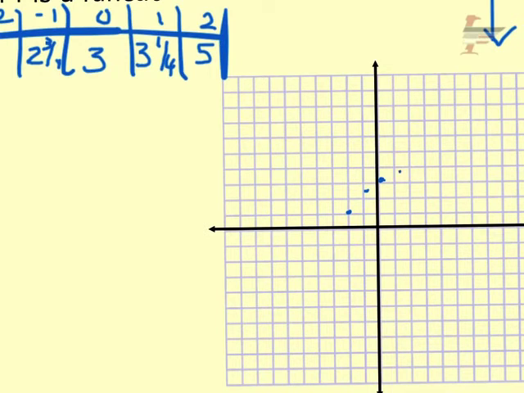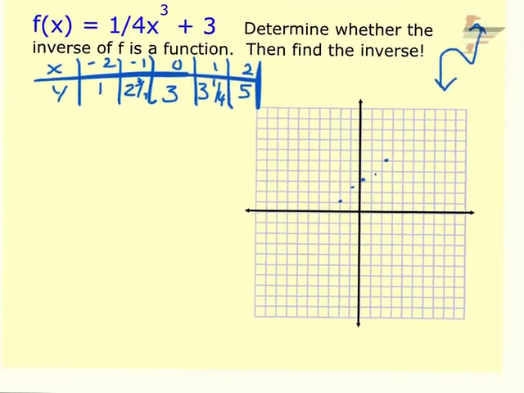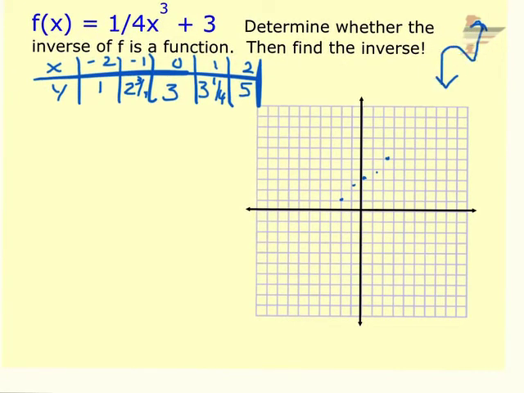And then I have a 2 and a 5. So it kind of almost looks like it's going to be a straight line, but I still think that I'm okay with this because I know it's really going to do this, so it's probably just not much of a loop-de-loop there in the middle. So I'm going to just be okay with the fact that it doesn't have a whole lot of curve in the middle. So is the inverse going to be a function?